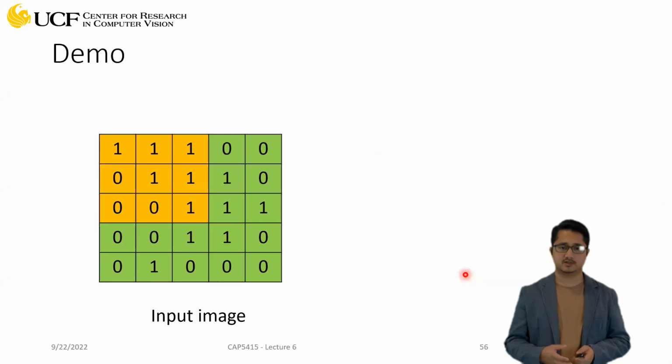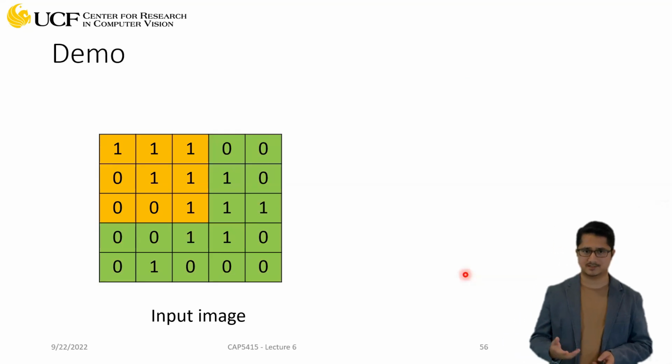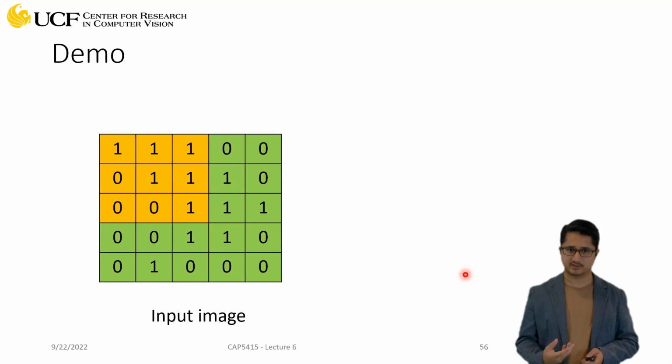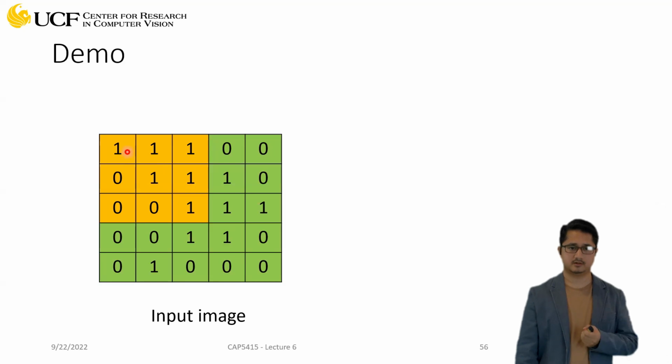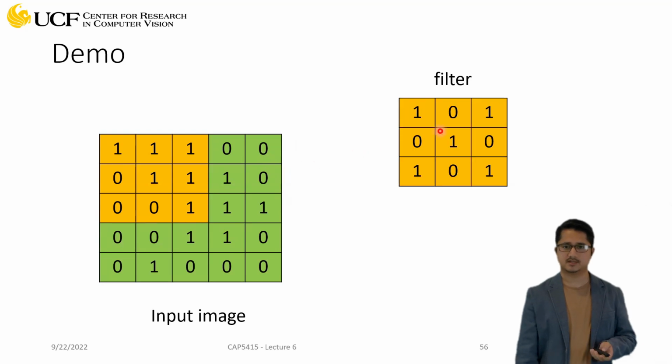So let's try to understand this operation. I will show you several visuals so that everything is clear and there is no doubt once we are done with this lecture. So let's say this is your input image patch. In this case, it's a binary image, so 1 represents foreground and 0 represents background. In this area, it's highly active, and this is background.